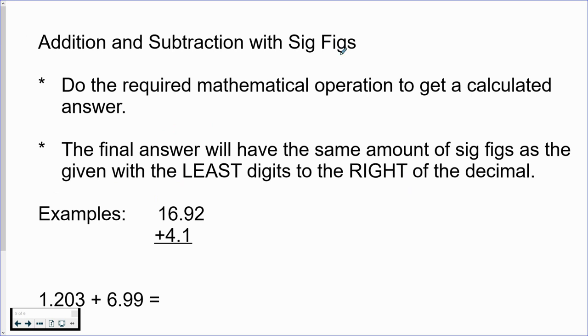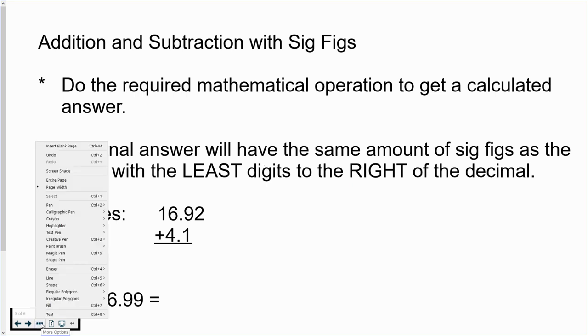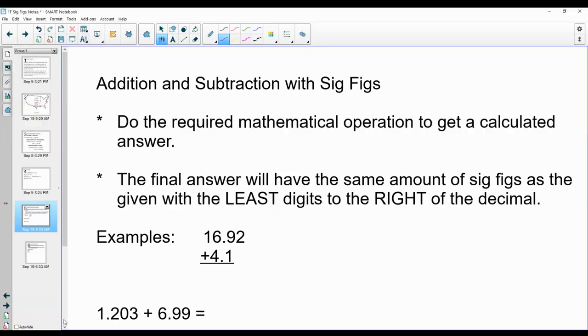So the biggest thing about addition and subtraction with SigFigs, okay, you still have to do the mathematical operation to get an answer. And it's your answer that will then round with SigFigs. So how we say it is we want to keep the least digits to the right of the decimal. So the little saying that I've always used is we do least.